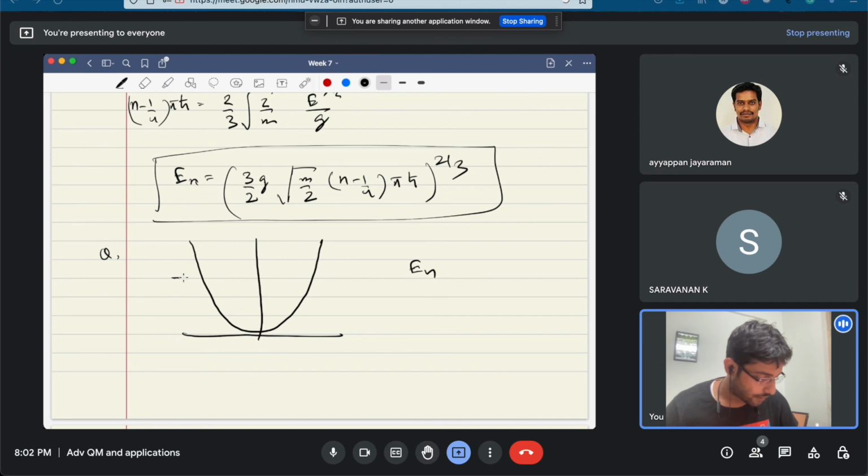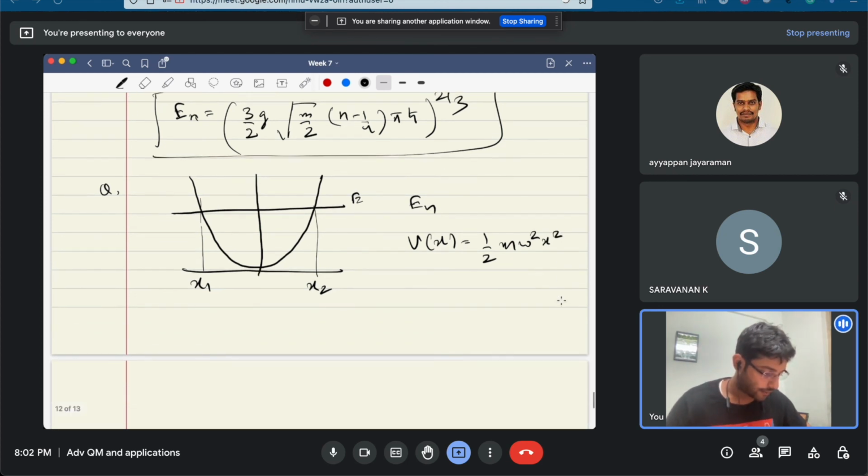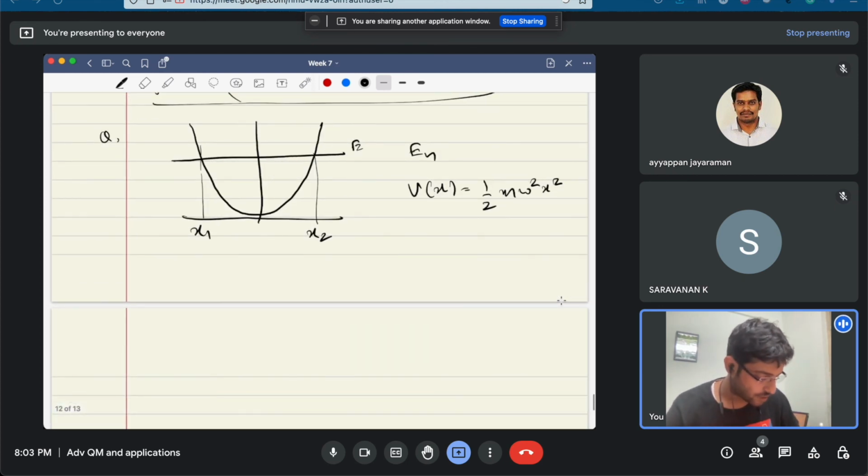Let's say the energy of the particle is E, and here it's x1 and here it's x2, and the potential you are already aware of is V(x) = half m omega square x square.